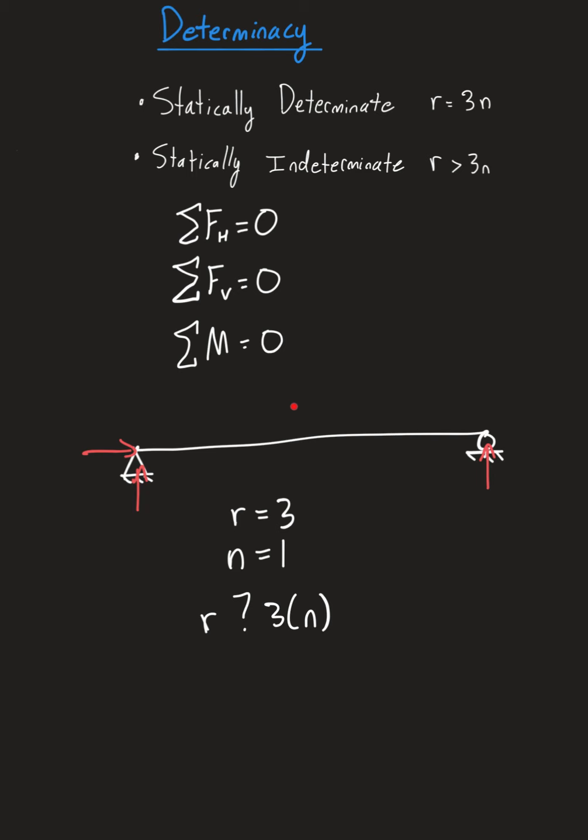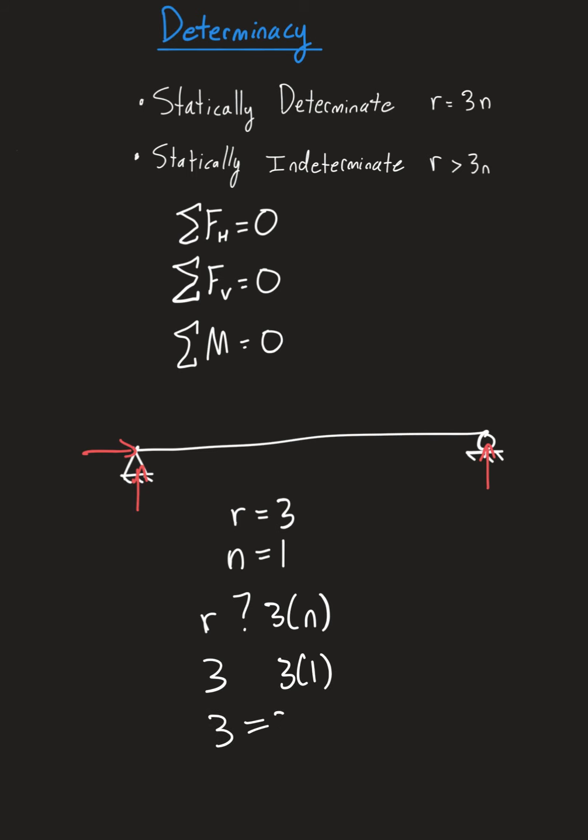So for this one beam, we can use our 3 equations of statics. If we had 2 beams, we can use 3 equations for each beam. So this would be 3 times 2. We would have 6 total equations. In this case, we just have 1. So we have 3 and 3 times 1.